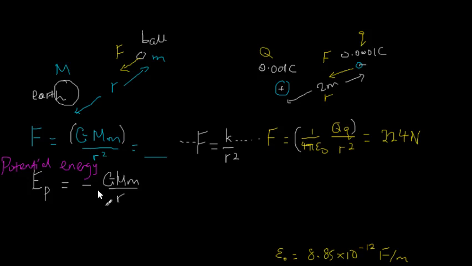So in my earlier videos on gravitational potential energy, I've explained what this means, how you can derive it, by considering the work done against this gravitational force, and either using area under a graph of the force or using integration. So please refer back to that video to refresh the ideas.